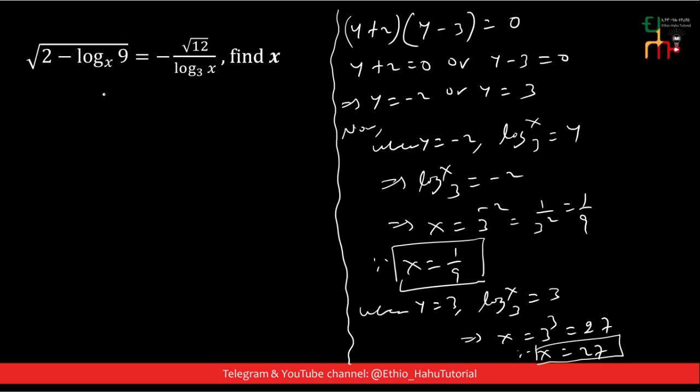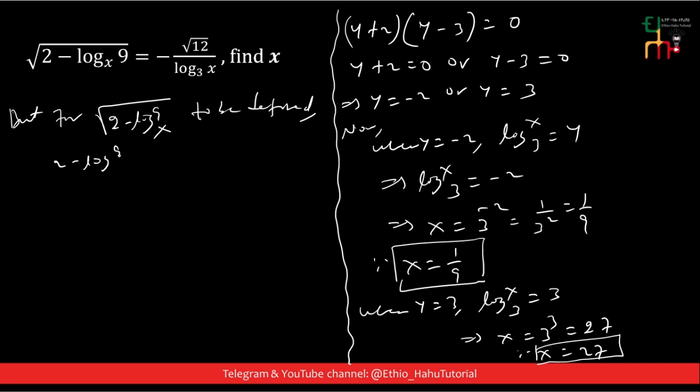But for this function to be defined, the number under the radical has to be greater than or equal to 0. For the square root of 2 minus logarithm of 9 to the base x to be defined, 2 minus logarithm of 9 to the base x has to be greater than or equal to 0.